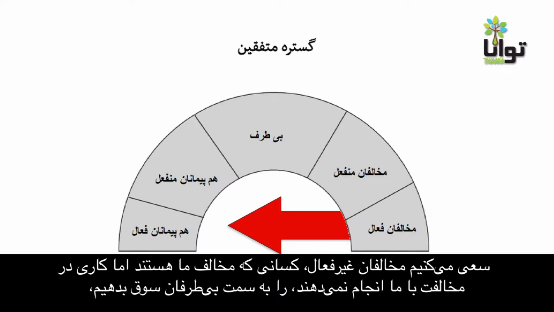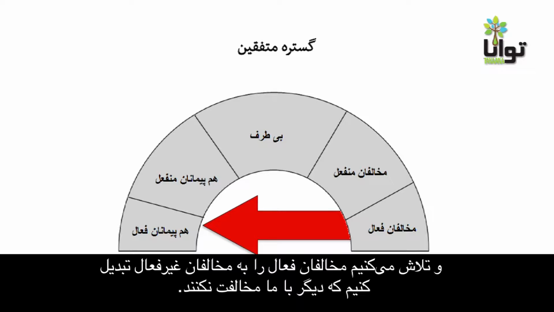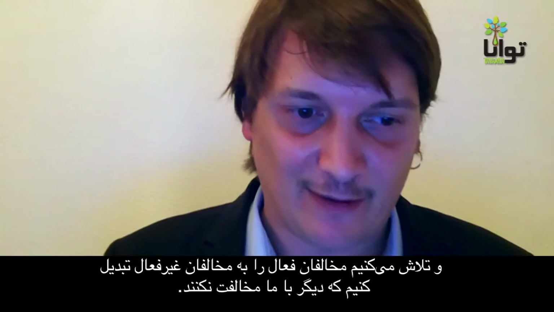We're gonna try to move passive opponents, people who oppose what we do but are not doing much about it, to be more neutral. And we're gonna try to move the active opponents to be more passive opponents, so they don't put up a fight.